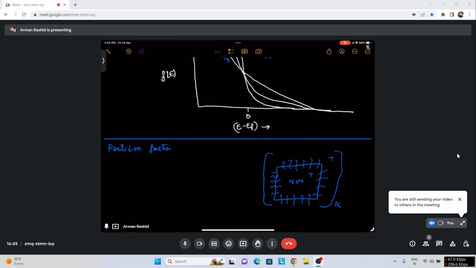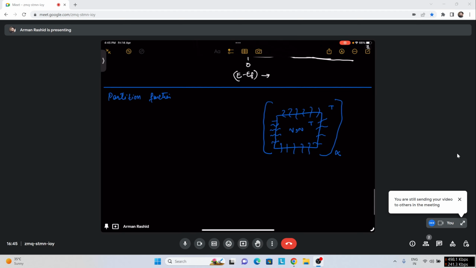Now, what is the physical significance of the partition function?